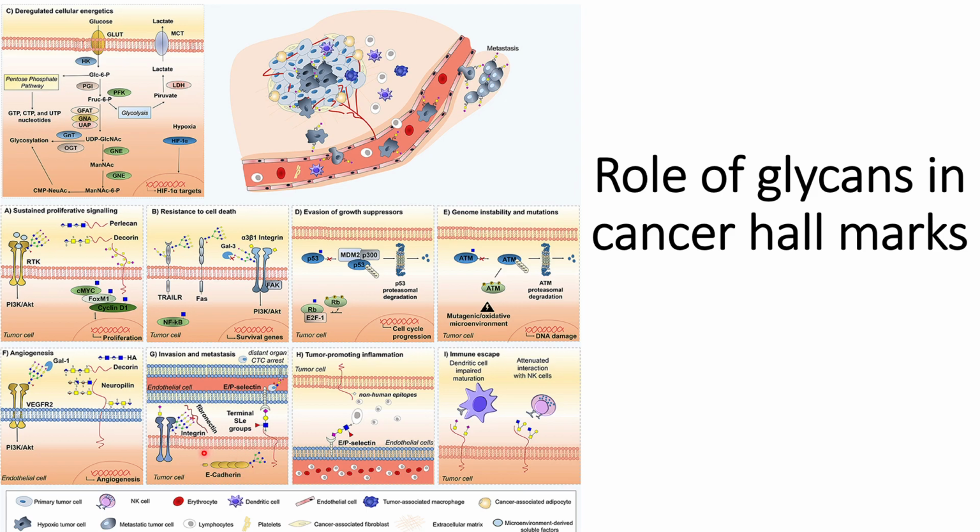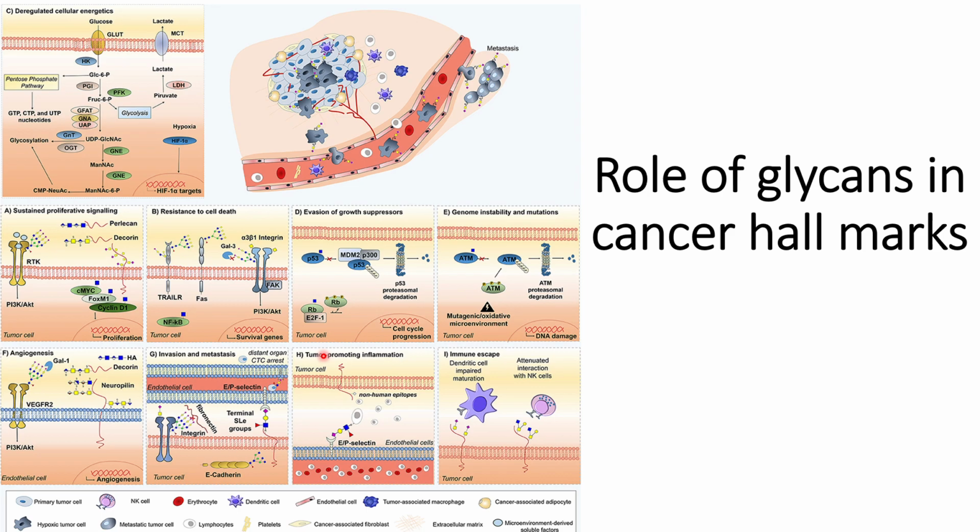The figure shown is about when the tumor cells reach the secondary organ sites: the epithelial marker E-cadherin, glycosylated, will help in binding to the E-selectins near the secondary organ, and thereby helps in the intravasation of these tumor cells at the secondary organ site, and that will cause the metastasis.